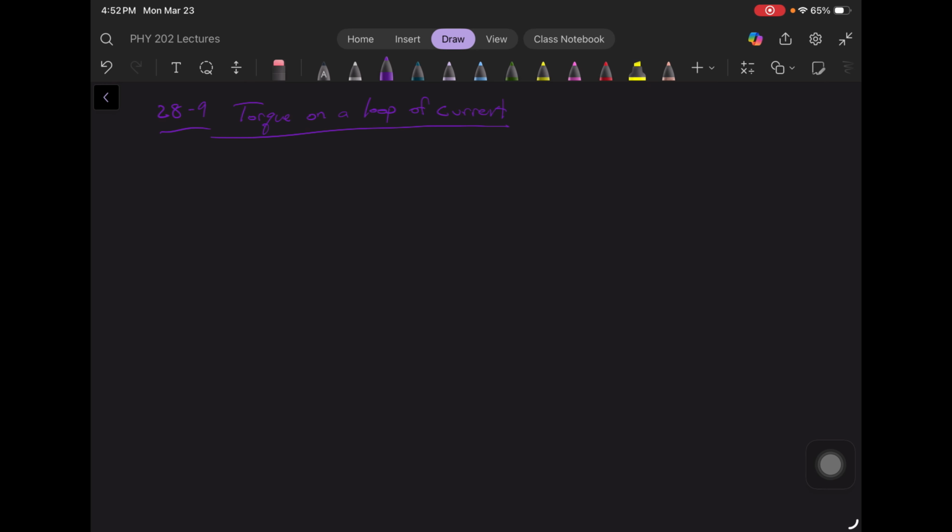And so let's see. If we have some magnet, we're just going to have the North Pole here. We all know there's a South Pole elsewhere. It's over here, and then another North Pole here.